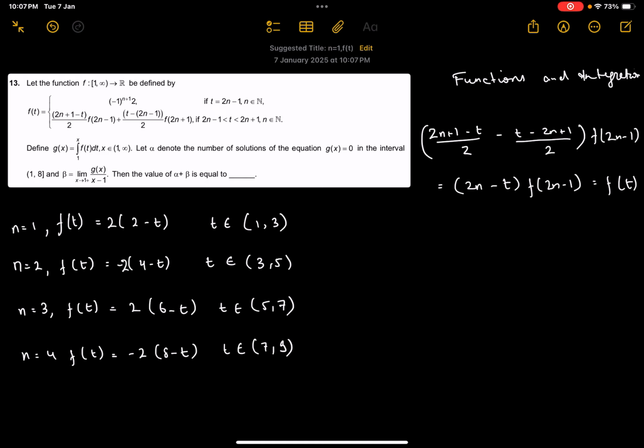Now we have to find g(x). So when x is in 1 to 3, this definition would be followed for f.